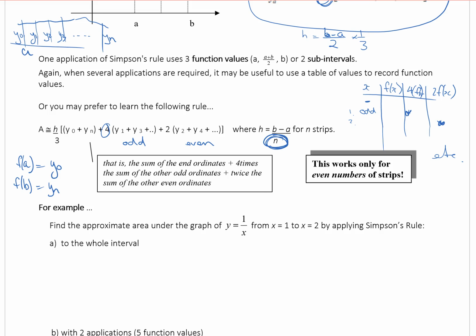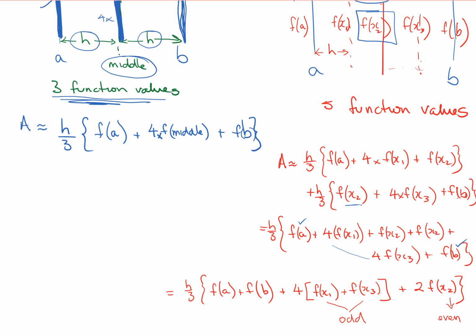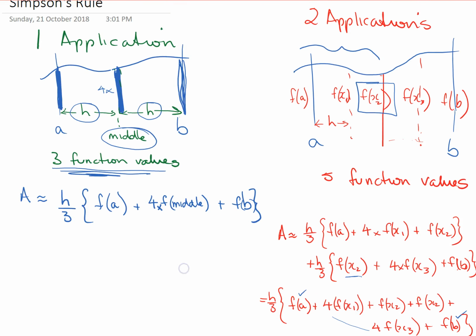I just prefer you to go back to your basic understanding of one application, and that's here.